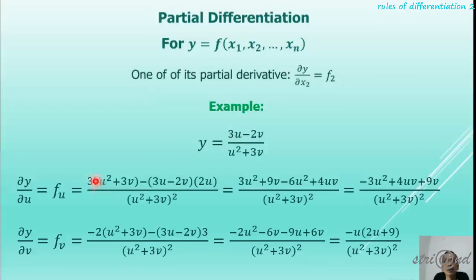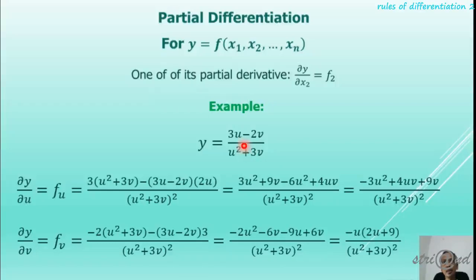And then multiplied by the denominator, minus the numerator multiplied by the derivative of the denominator here. The derivative of this denominator with respect to u is 2u, because we are paying attention to u and there is no u in the 3v, so we can consider it a constant, and the derivative of a constant is 0.